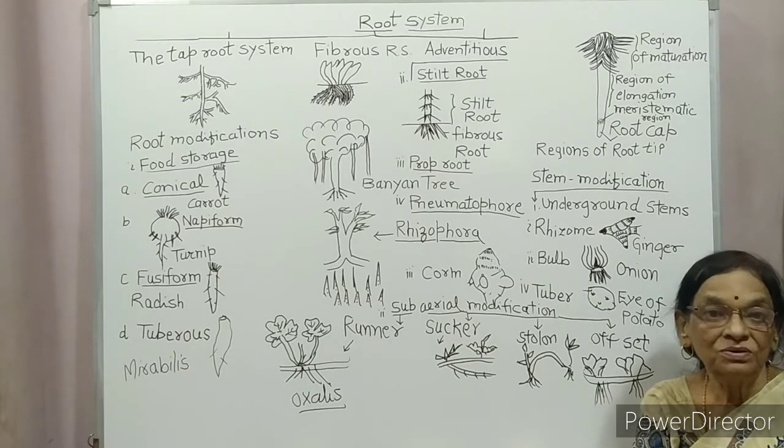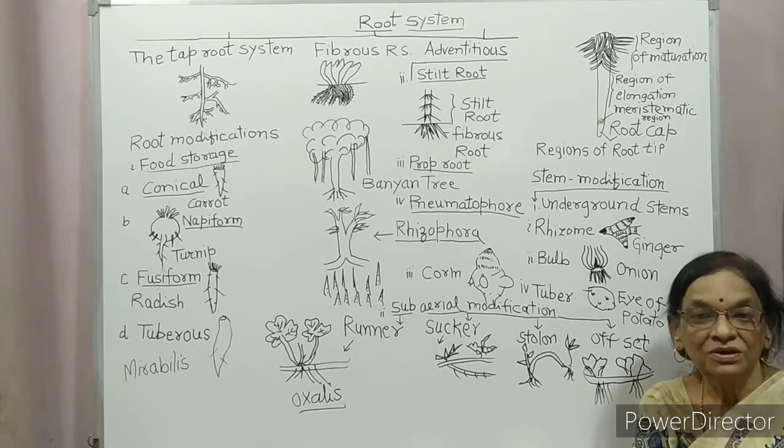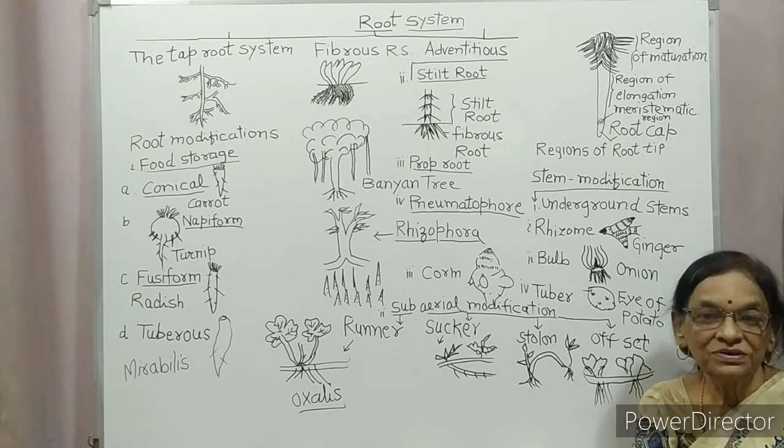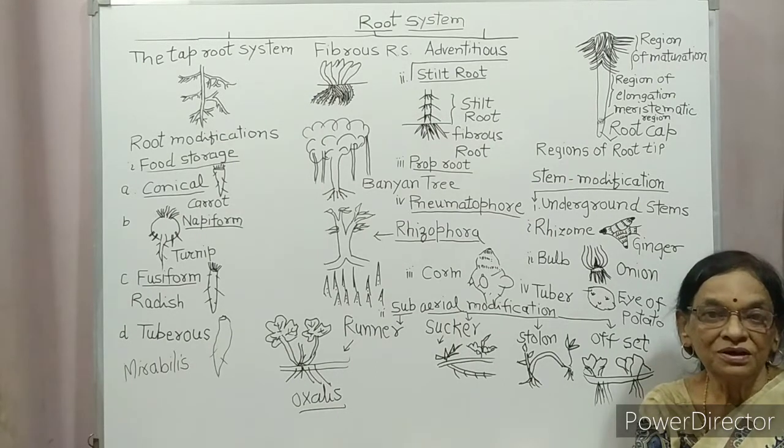Why they are not root? Because they have node and internode. They bear axillary and apical bud, and they have adventitious root. So though they grow underground, they are not the root.